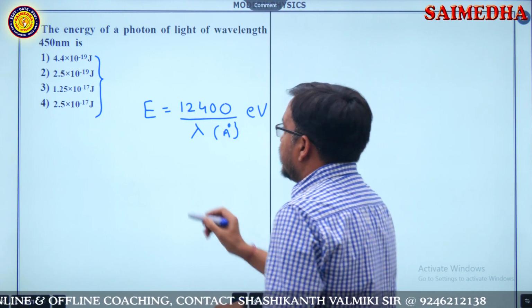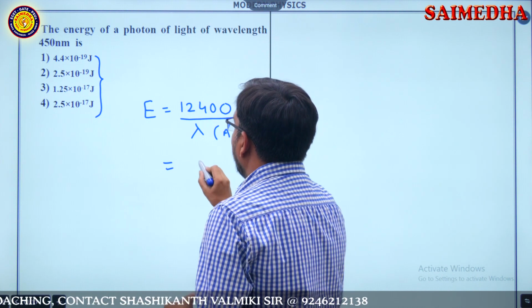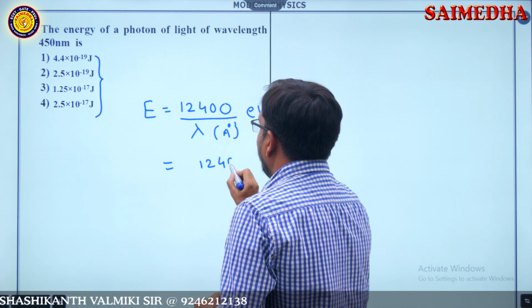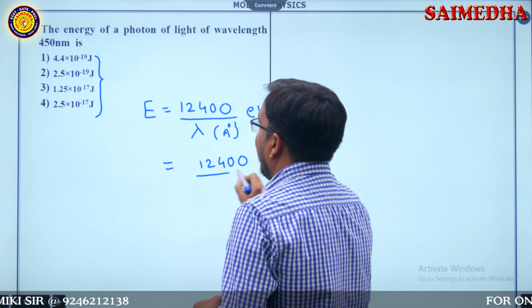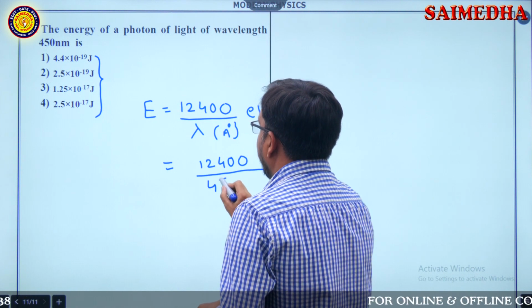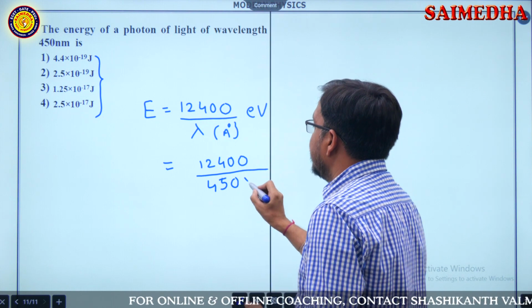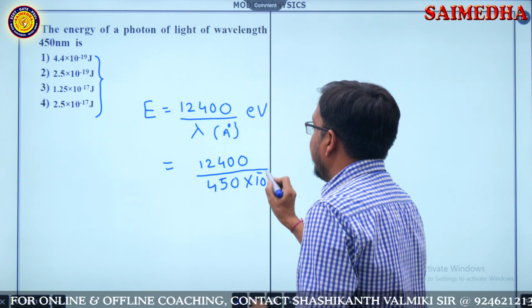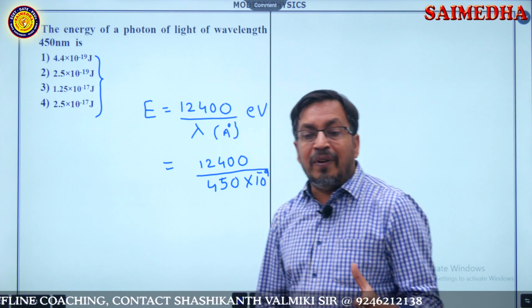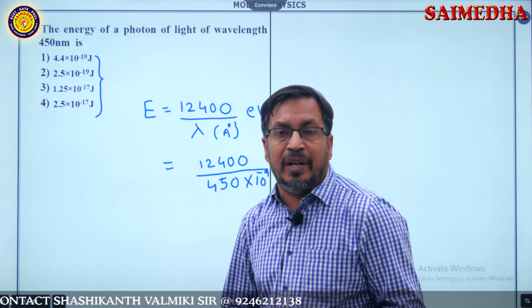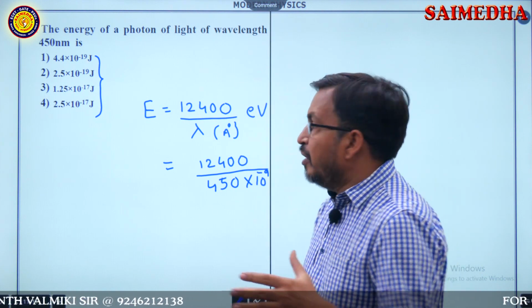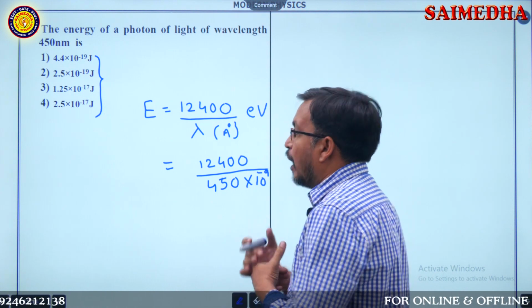Here you substitute the lambda value, 12,400 by 450 nano, which means 10 power minus 9.